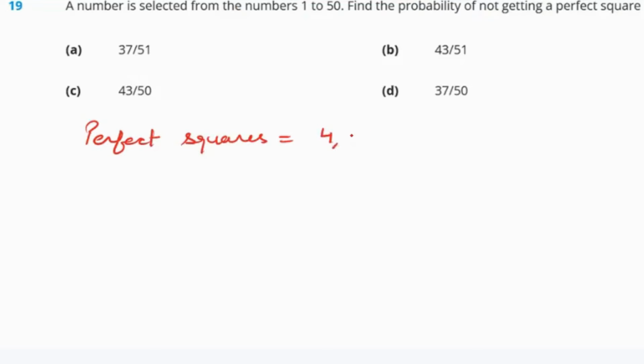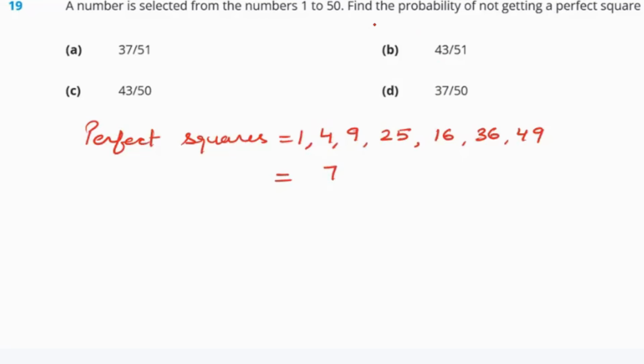We have 4, 9, 25, okay, we have 16, I forgot 16, and we have 36 as well, and then we have 49. So total how many perfect squares? 1, 2, 3, 4, 5, 6 out of 50 numbers. Okay, 1 is also there, which is a perfect square. We have a total of 7 numbers which are perfect squares.